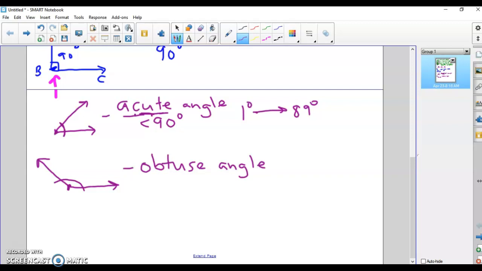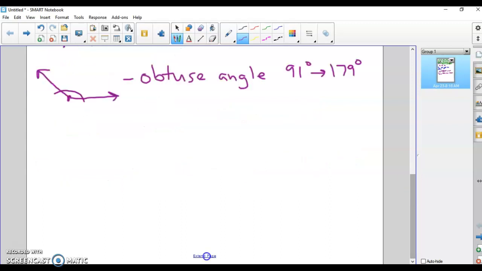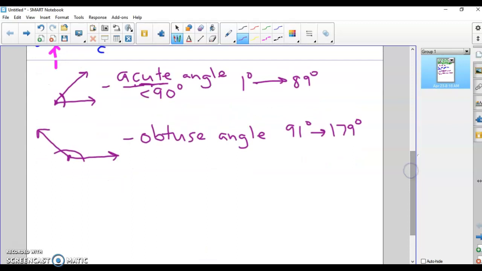And that is anywhere from 91 degrees all the way to 179 degrees. And you'll learn why we stop at 179 in a little bit. An obtuse angle is greater than 90 degrees.